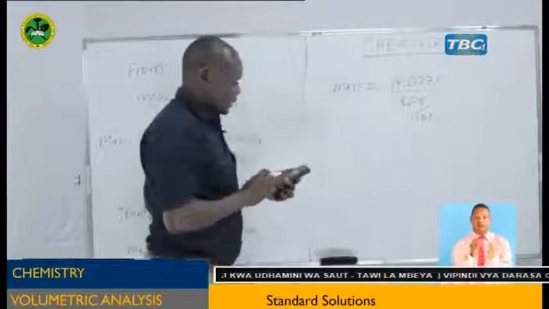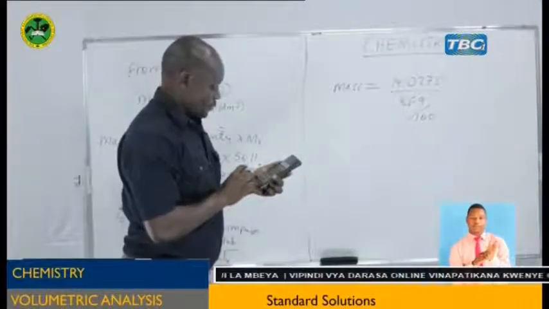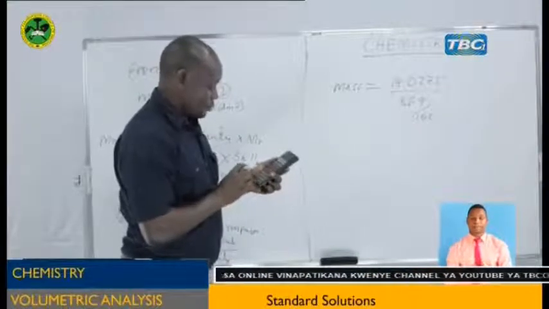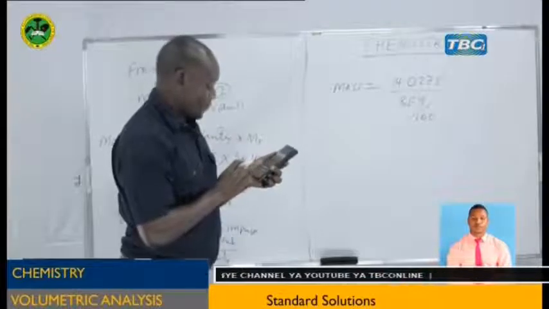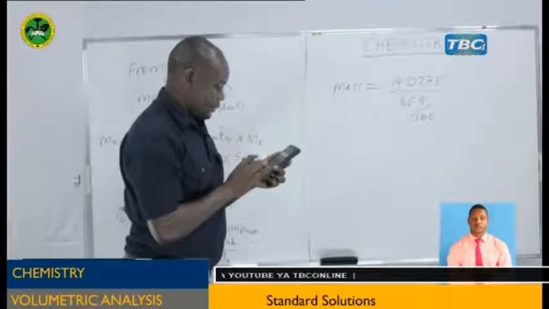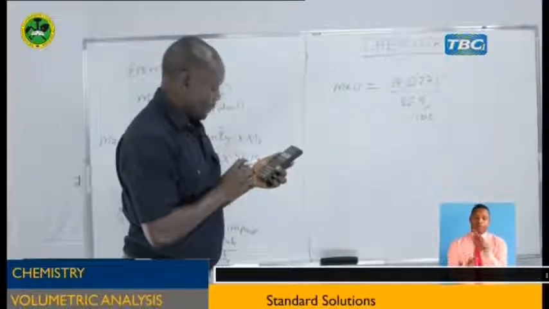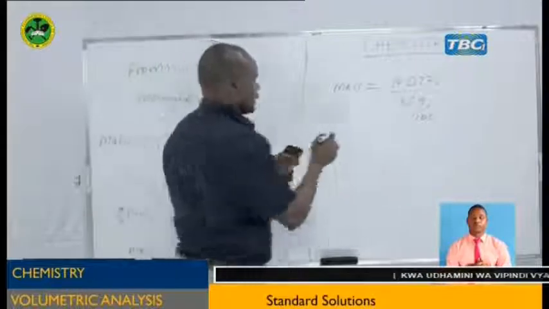So my dear students, if we calculate 14.0275 divided by 0.859, the answer is 16.3.